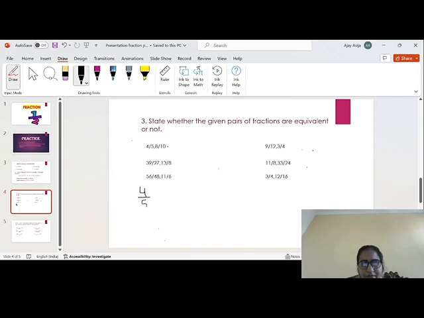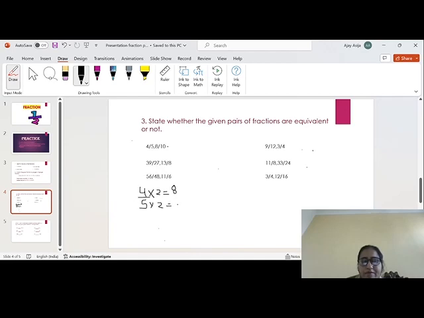We will write 4 by 5 and we have to check what is the number with which 4 is multiplied to get 8. So what is that number? That number is 2. So 4 when multiplied by 2 we will get 8. A similar operation we have to do in the denominator.